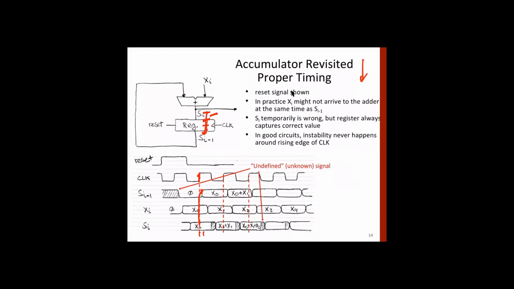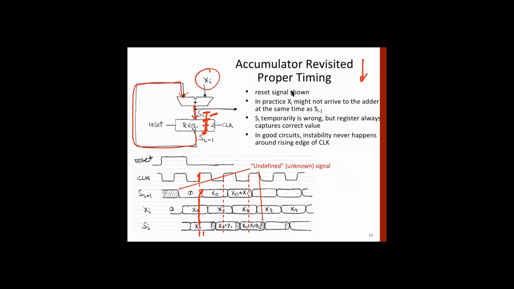And of course, what happens is that we cannot synchronize when this input is available and when the value of Xi is available. So for some period there is an uncertainty. The Si value may not be correct for a certain period of time.